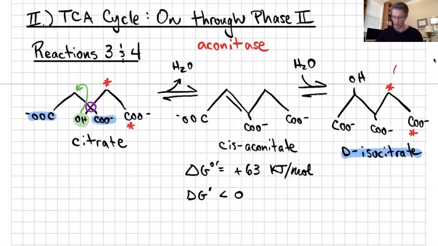I still know where my carbons are that came in from acetate. Number two, claiming this is isocitrate, which means it's chiral, which makes some sense. If you look at this molecule now, you'll notice that this central carbon is now chiral.